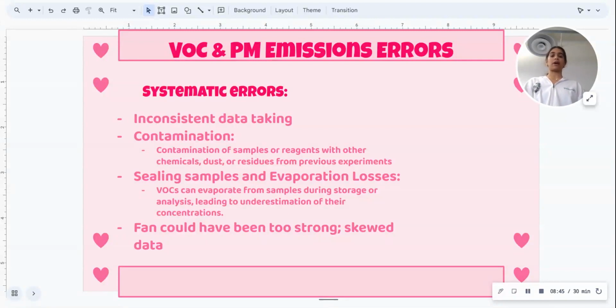Additionally, sealing the samples and evaporation loss is something we have to take note of, because VOCs can evaporate from samples during storage or during our analysis, which would lead to, again, underestimation of the concentrations. And finally, just to note, the fan also could have been too strong or angled incorrectly in the face of the gases.